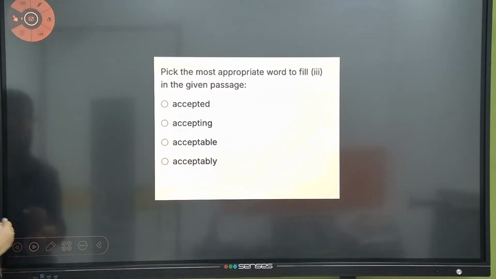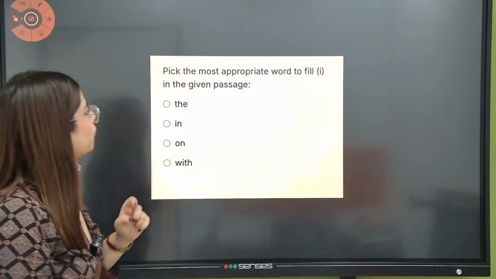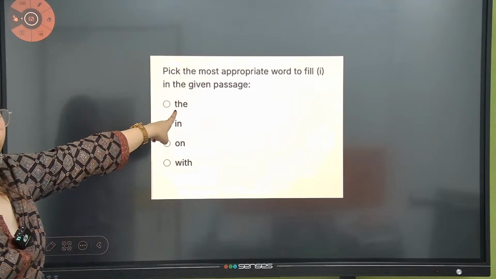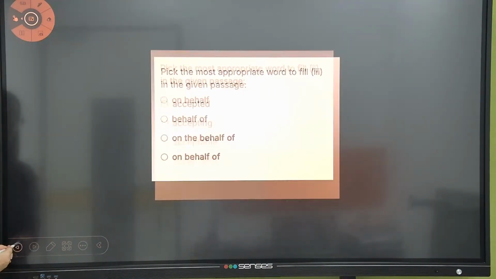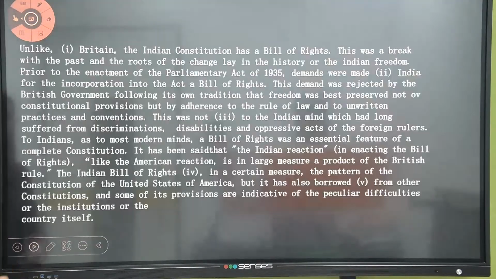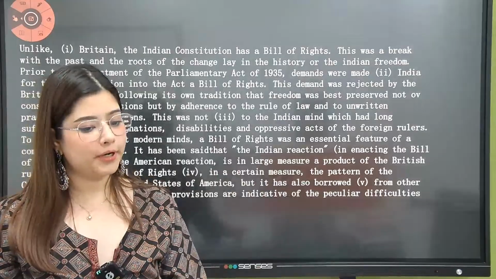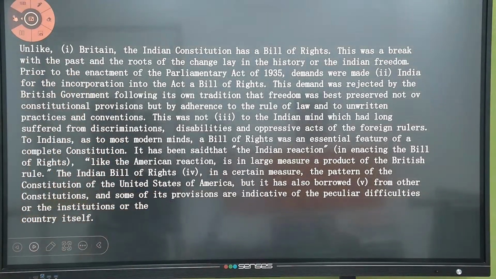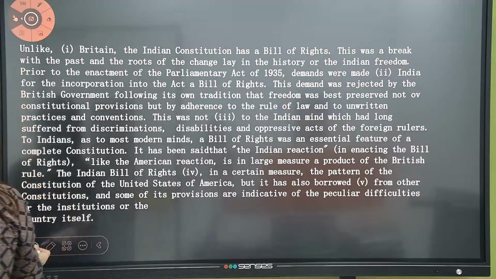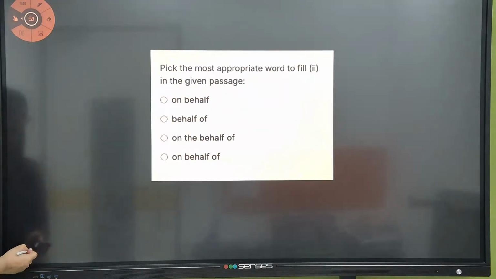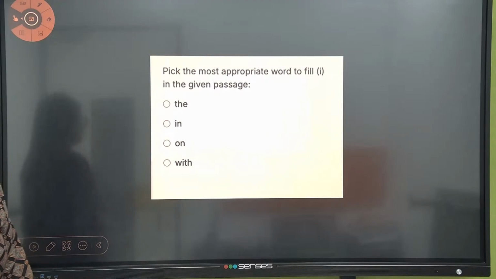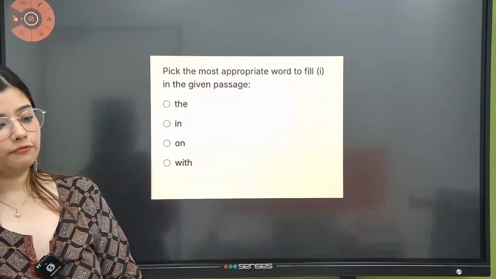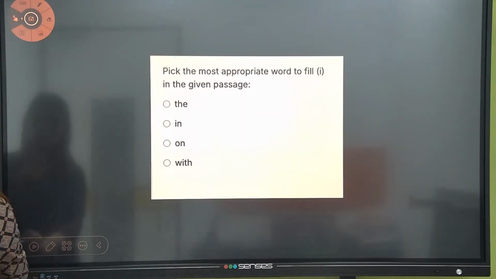Next, pick the most appropriate word to fill one in the given passage. The, in, on, with. One. Unlike dash Britain, the Indian Constitution has a Bill of Rights. Unlike dash Britain, the Indian government has, what is it?